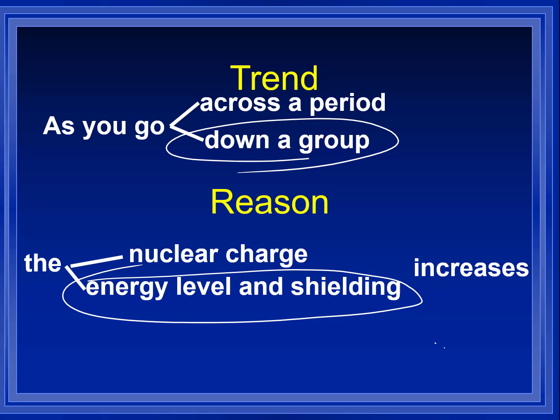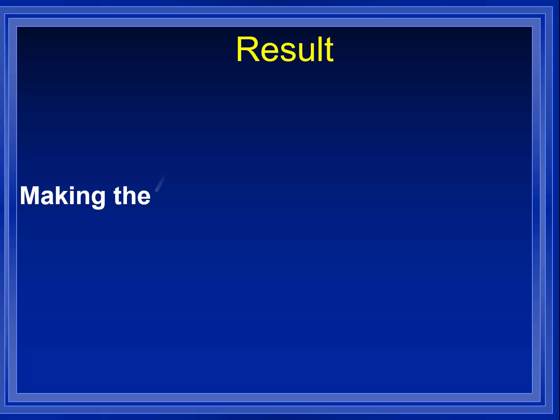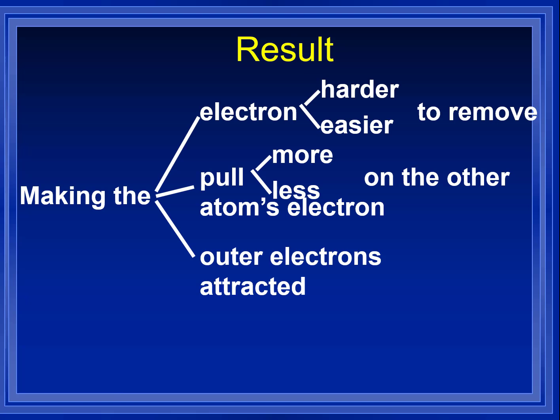Okay. And which one of these is about ionization energy? Which one of these processes is about ionization energy? What does ionization energy measure? The energy to remove an electron.